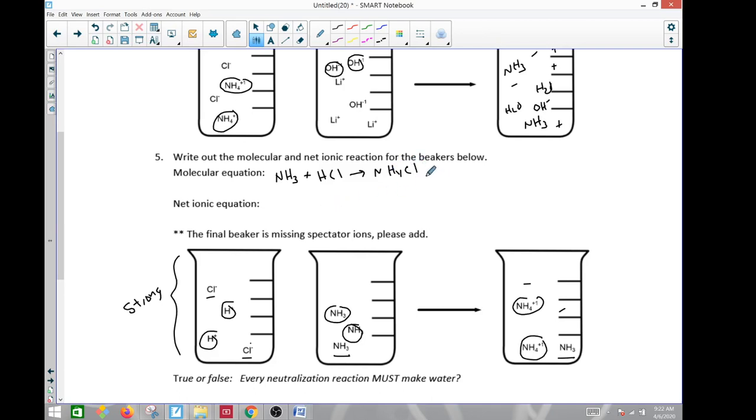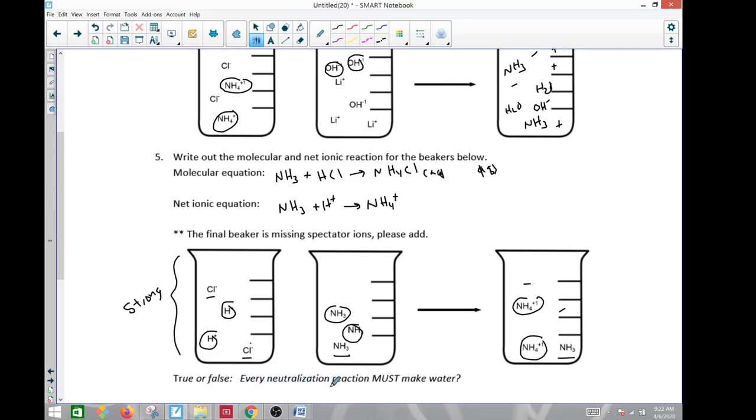And I would draw this as aqueous, AQ, meaning it's dissolved. That's the way you do it. And then this guy here would be just NH3 plus H plus yields NH4 plus.